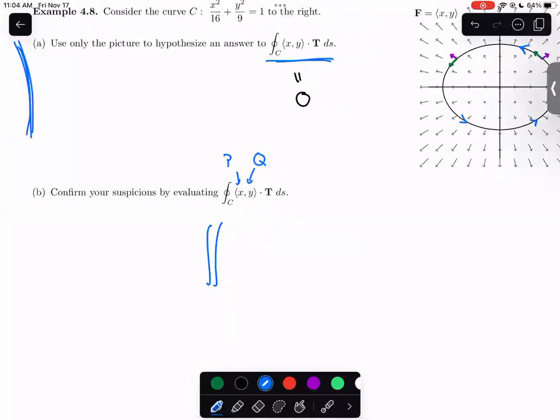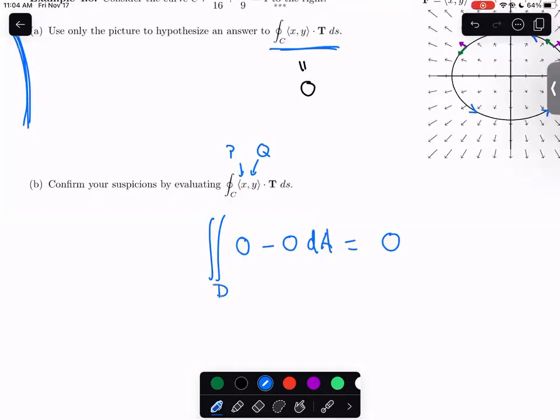And we're going to have Q sub X minus P sub Y. So we're going to be doing a double integral of 0 over really any region. No matter what the region is, this one's going to give out 0. So that's how we could prove that, thanks to Green's theorem.